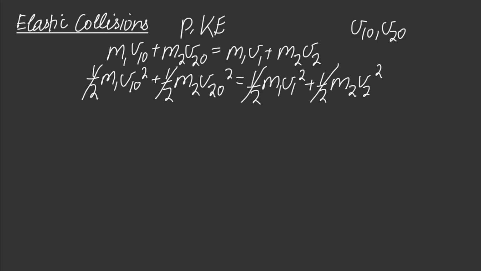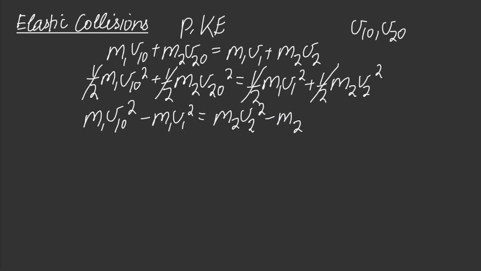Then we rearrange this equation to bring all the m1 terms to one side and all the m2 terms to the other: m1 v1 naught squared minus m1 v1 squared equals m2 v2 squared minus m2 v2 naught squared.